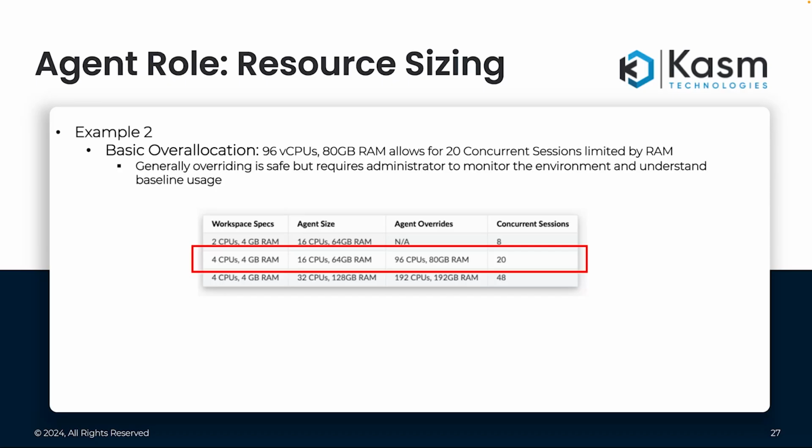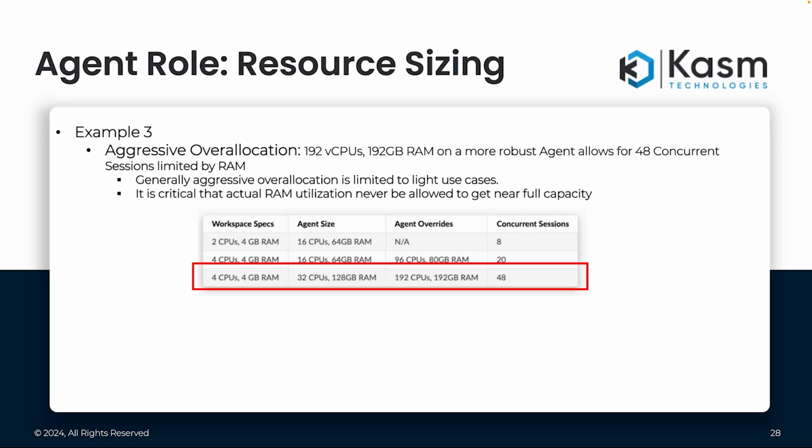But in this particular scenario, you could easily support 20 concurrent sessions. Again, the limit in this case is going to be based off of that override of 80 gigs of RAM. Generally speaking, overrides are safe, right? Just like any sort of virtualization technology, that's where you're picking up some of your benefit, by over allocating resources. But there's a fine line, and the next one we start talking about that fine line, right?